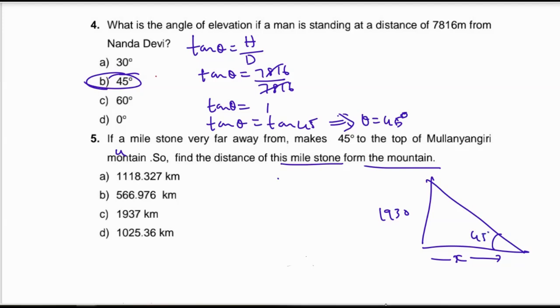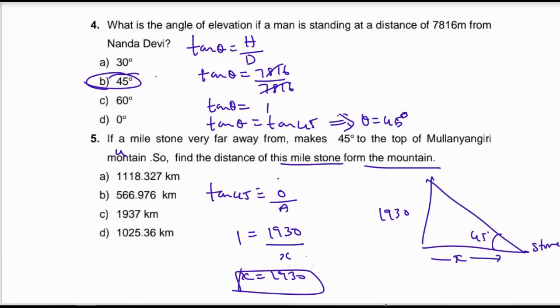This is the milestone we have. So tan 45 equals opposite by adjacent. Opposite is 1930 and this will be 1 divided by x. So x will be 1930. We don't have any value as 1930 in the options, so the answer is none of the above.